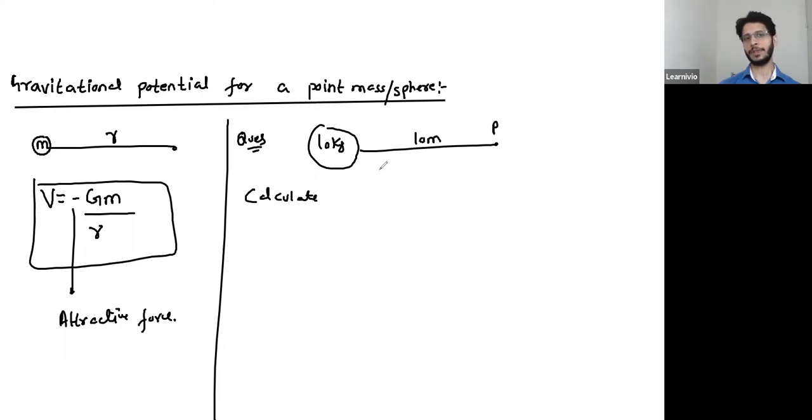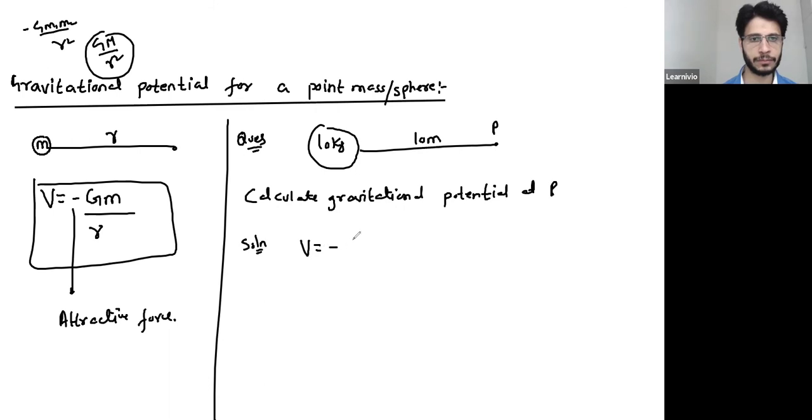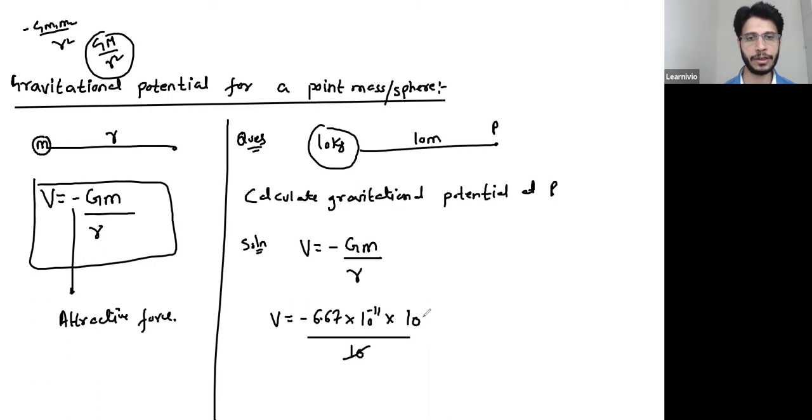Let's call this point P. So minus 6.67 into 10 raised to the power minus 11, your mass is 10 kg, divided by r which is 10 meter, gets cancelled out. So potential is simply minus 6.67 into 10 raised to the power minus 11 joule per kg. So this is for a system having just one mass.